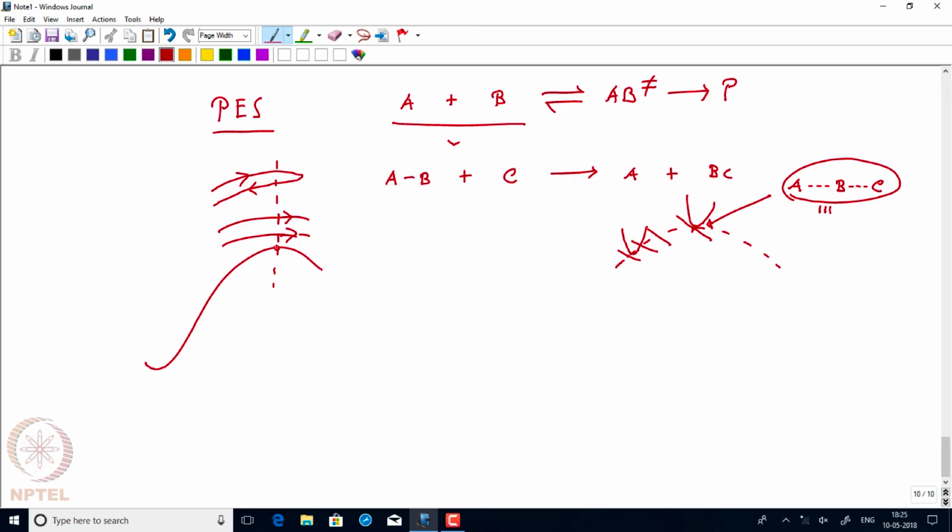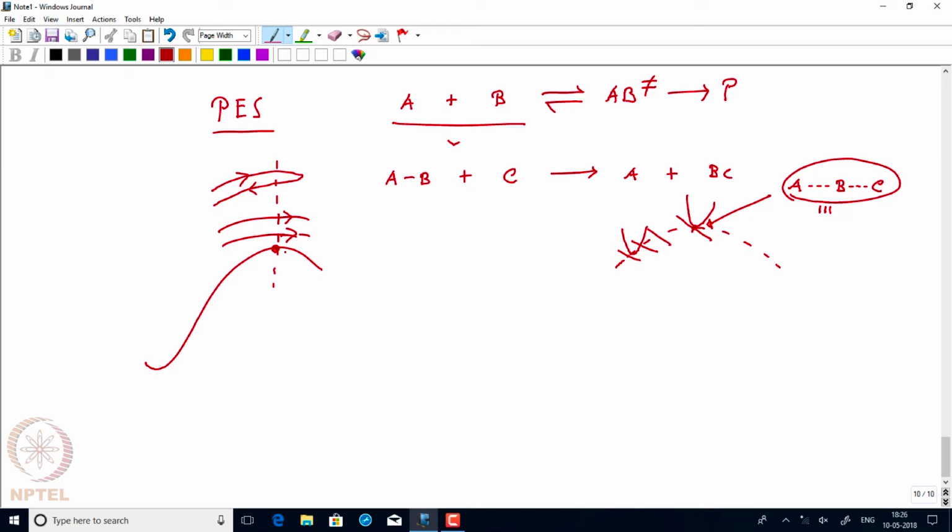Secondly, when we derived transition state theory as a motion on the potential energy surface, this is just one version of the theory. There are also many other versions, and this version is known as activated complex theory because we talk about a complex. But if you remember, this is not a stable complex because you have a barrier along the reaction coordinate.